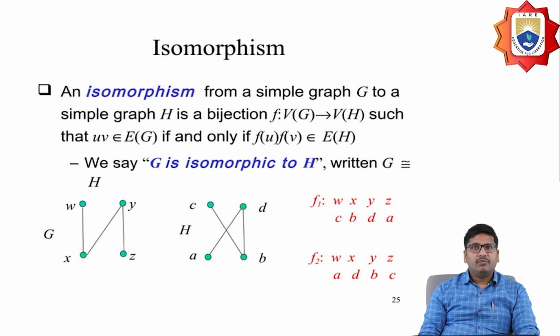An isomorphism of simple graphs is a bijection f from the vertices of one graph to the vertices of the other such that uv belongs to the edge set if and only if f of u, f of v belongs to the other edge set. So an isomorphic graph is a simple graph with a bijection, that means the edges are preserved between these two graphs.